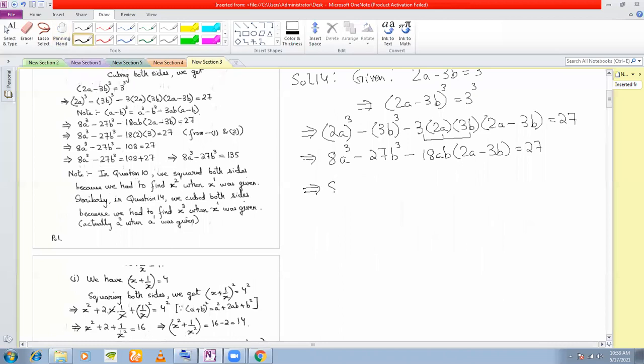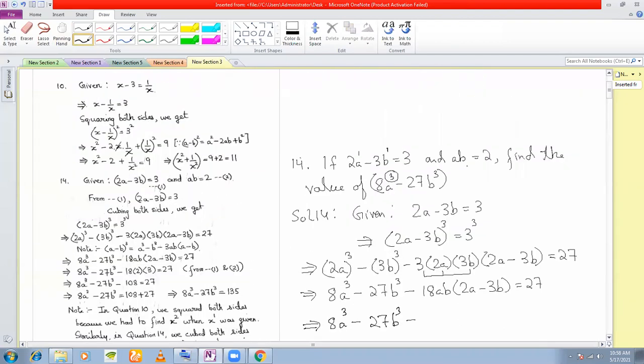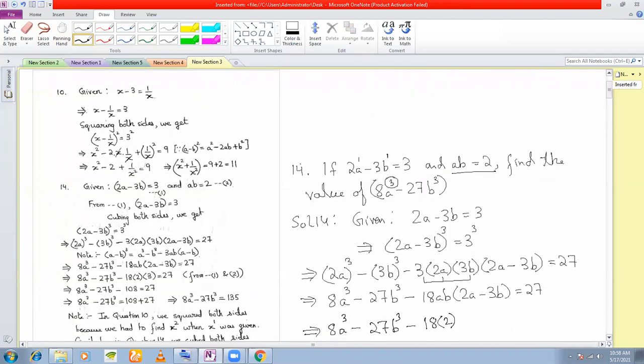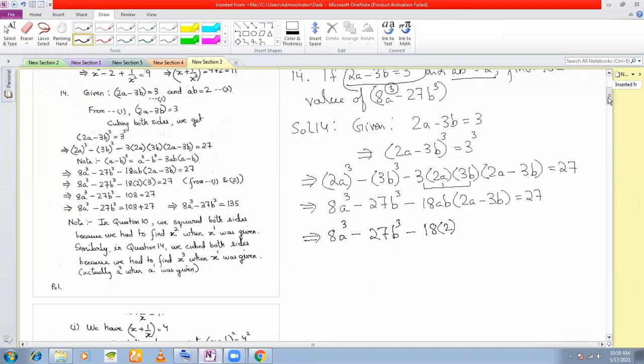That means 8a cube minus 27b cube. Now, if you see, the value of ab is also given to you. What is the value of ab? 2. So you put the value here. And 2a minus 3b, the value here is 3. So you put the value here.